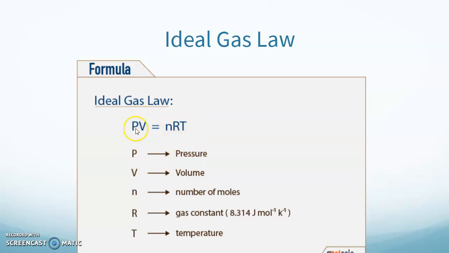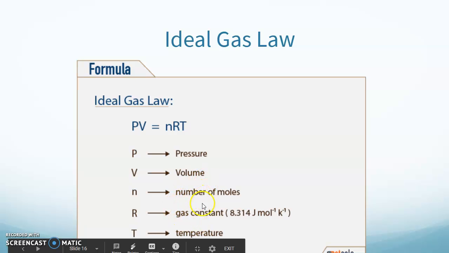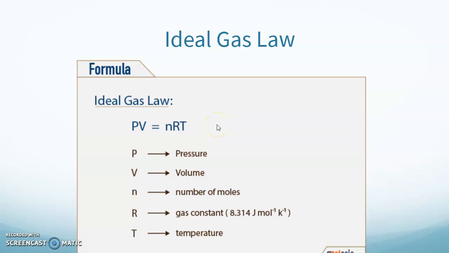P is pressure, so pressure times volume equals the number of particles, or number of moles, times the gas constant, which is a constant, times our temperature in kelvins. If we were doing calculations, we would look at the ideal gas law, but we're not. So that's a quick lowdown on our gas laws and how gases behave.